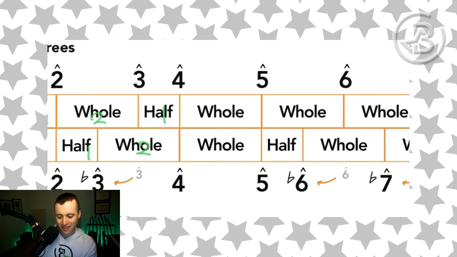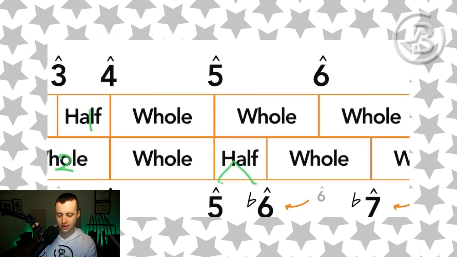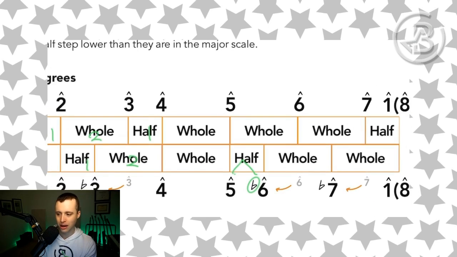Now because we have that half step between 5 and 6 in the natural minor scale, that again pulls 6 down 1/2 step, or makes it happen 1/2 step sooner, whichever way you'd like to think about it. And because it's 1/2 step lower than 6, we're going to put a little flat in front of it to show that we're bringing it down by 1/2 step.